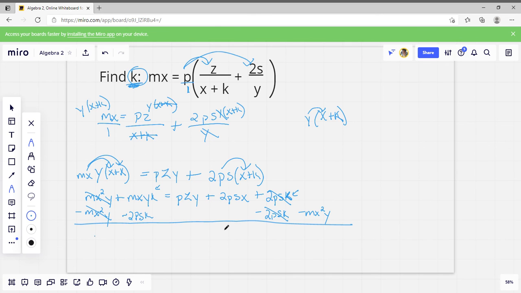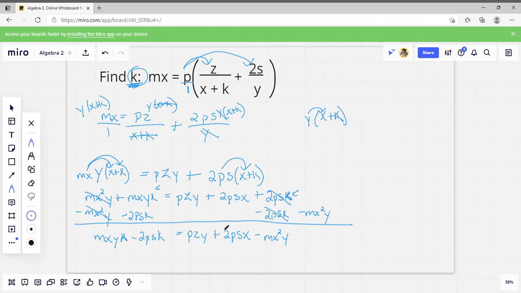Alright, so now I have mxyk minus 2psk equals pzy plus 2psx. Those canceled, so minus mx squared y.